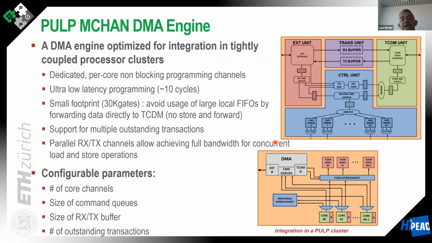The reason why these traditional DMAs have large internal buffers is that they copy data from a very long latency memory, for example an external memory, and then have to send this data into another memory somewhere else in the chip. So there is high latency both in the data coming in and the data going out.